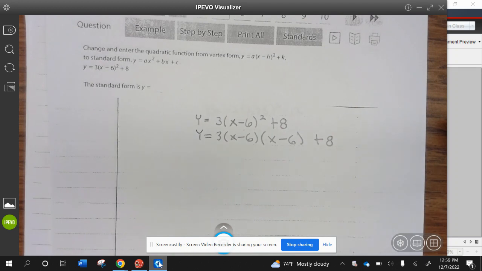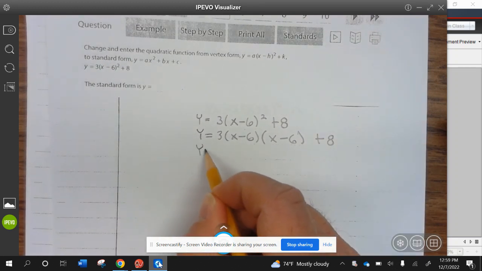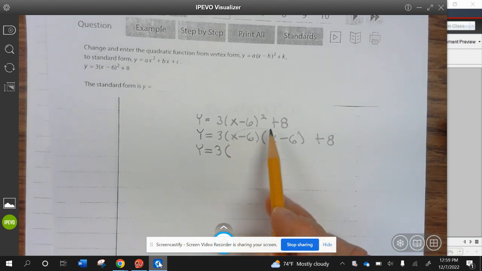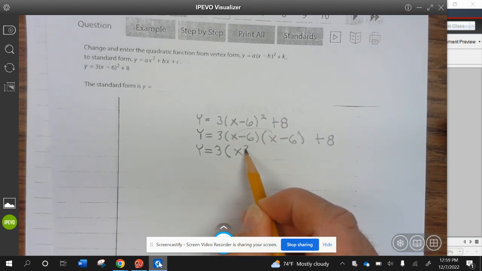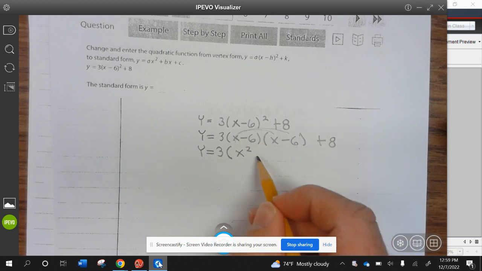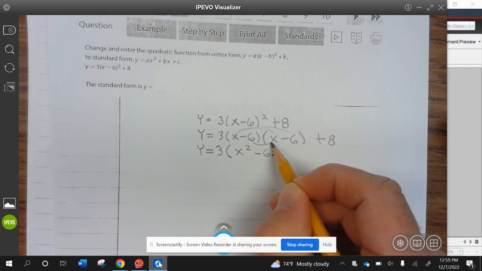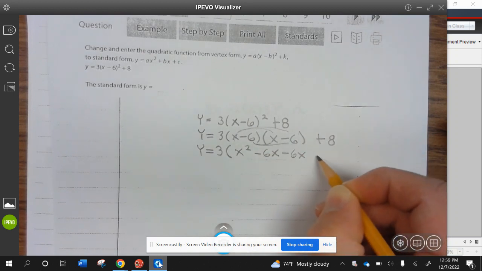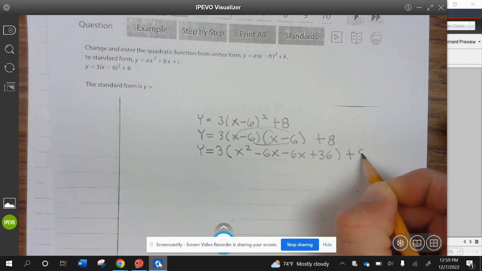Then we have y equals 3 times, and we're going to FOIL this. So x times x is x squared. x times -6 is -6x. -6 times x is -6x. And then -6 times -6 is a positive 36, plus 8.